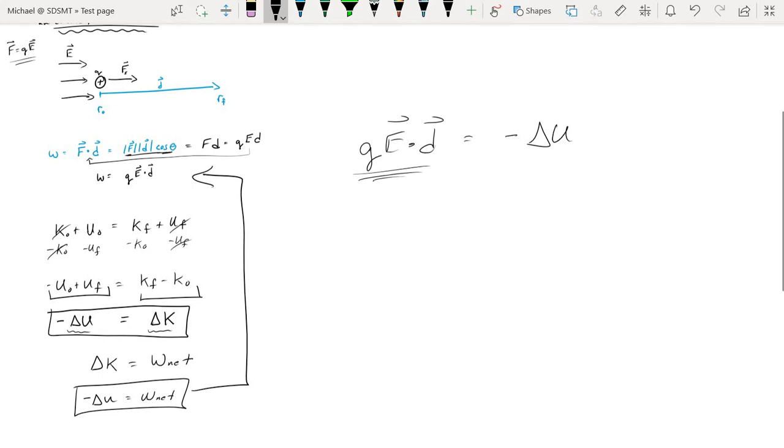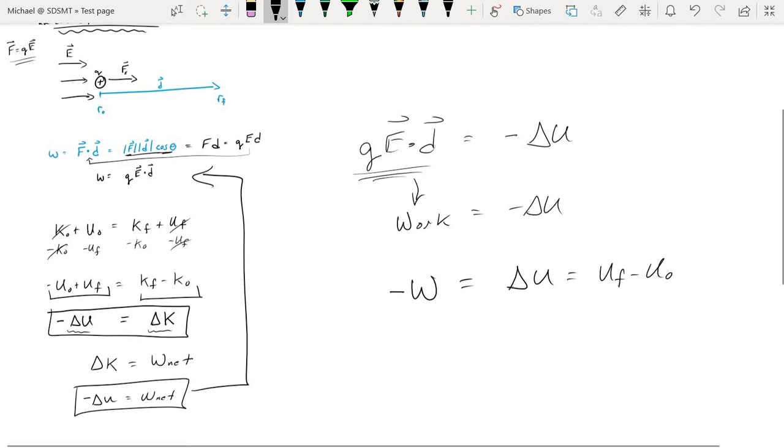Now we're going to hold off on this part for just a moment, because what I want to do is take that expression, which is the work that's being done, and set that equal to the change in the potential energy. And our author at this point decides to trade the minus sign over to the other side. And so what we'll have now is negative work equals the positive change in the potential energy.